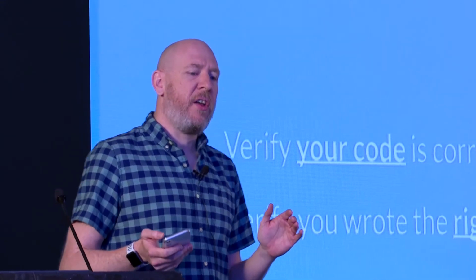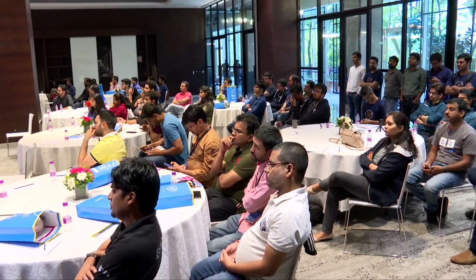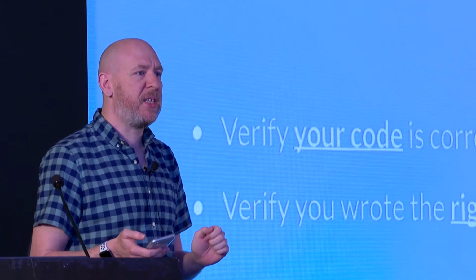Just to get a definition of tests down, there are really two kinds of tests in the world. There are the tests that verify your code is correct. Often the kind of thing we're focusing on as developers is, is this code doing the right thing? And we would use unit testing and functional testing to assert that. There's a second type of test, which is probably even more important, that checks, did you write the right code in the first place?